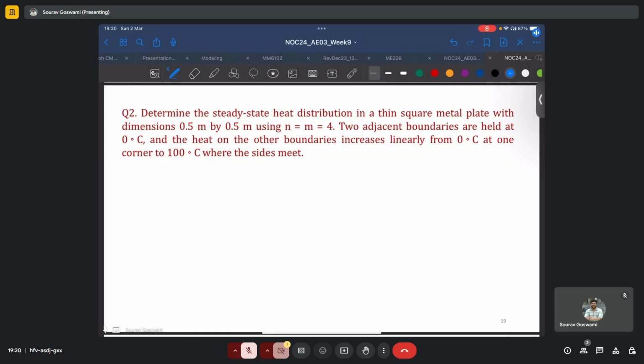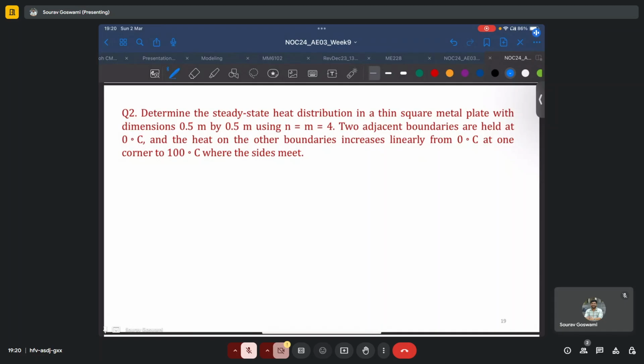In this case, two adjacent boundaries are held at 0 degrees, and the heat on the other boundaries increases linearly from 0 degrees Celsius at one corner to 100 degrees Celsius where the sides are meeting.